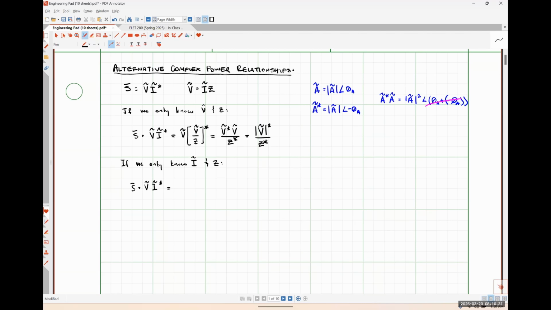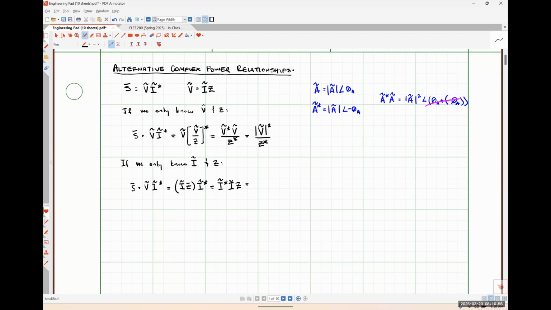Now we're just going to replace that V with I times Z. So that's going to look like I times Z multiplied by I conjugate, which is the same thing as I conjugate times I times Z.